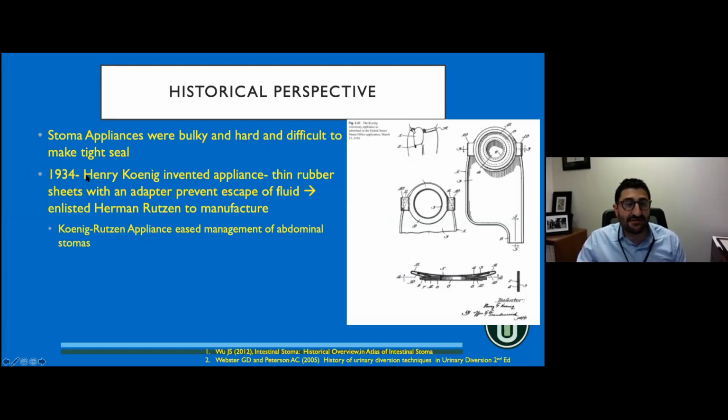In 1934, Henry Koenig invented this appliance, which you can see the patent for here, using thin rubber sheets and an adapter to prevent escape of fluid. Then Herman Rutzen was the one who actually manufactured these. This eased the ability to manage abdominal stomas with urine.